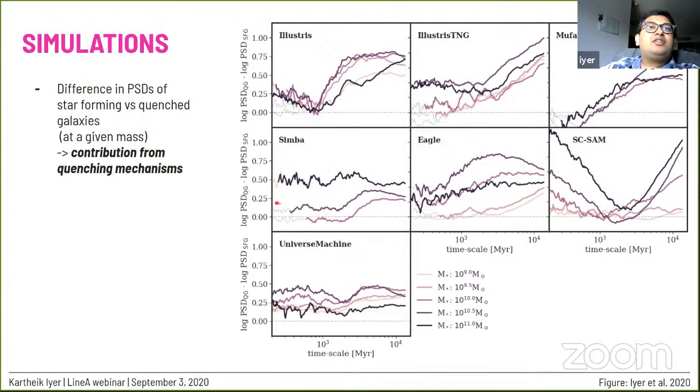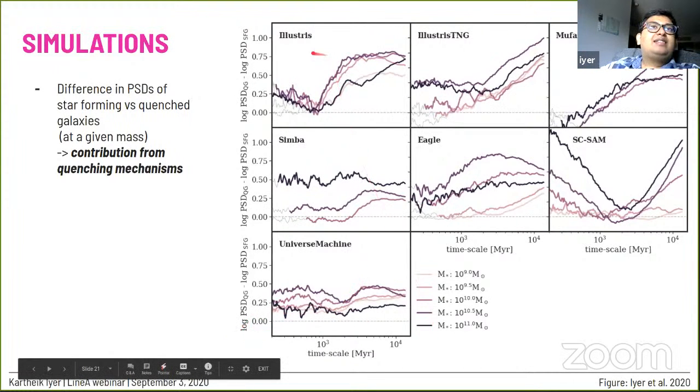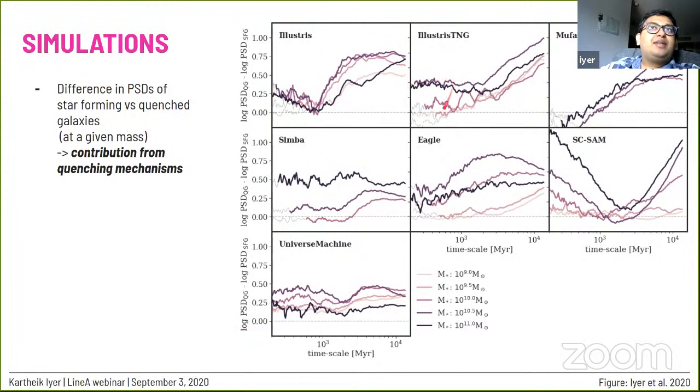In some, there's a strong trend with timescale. In others, there isn't. And in some, there is an excess of short timescale power, and in others, there isn't. Understanding this is a lot of fun because now it's giving us insight into the relative strengths of the different processes that could be responsible for causing quenching within galaxies.